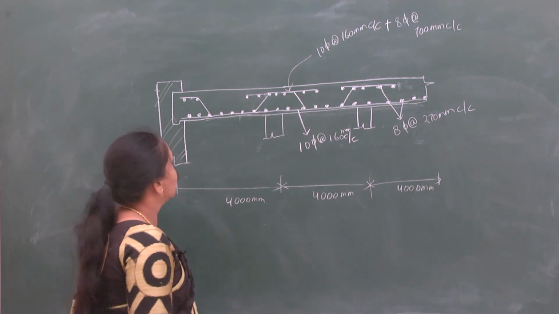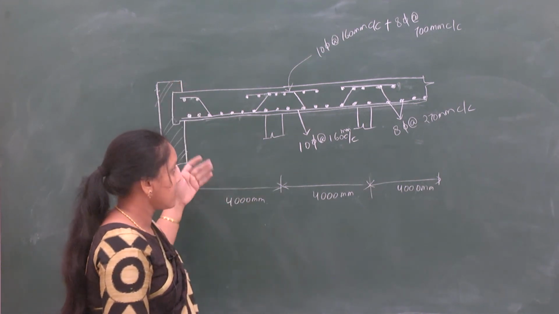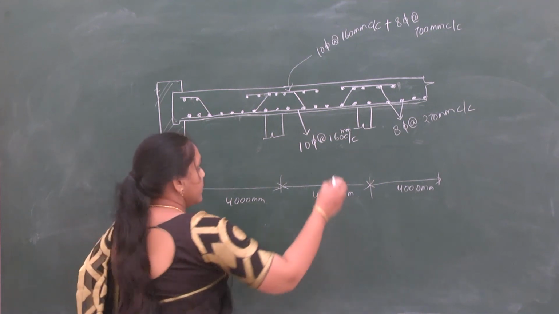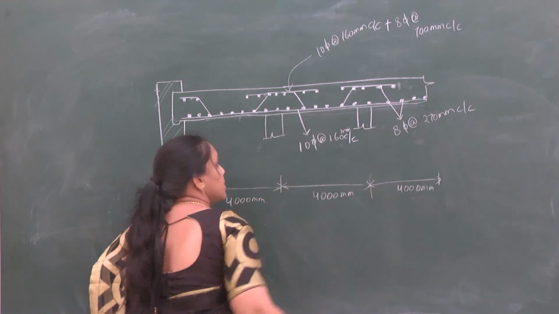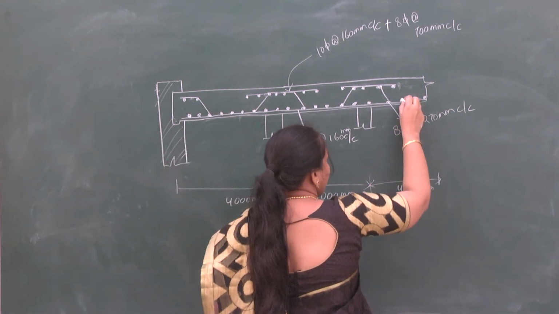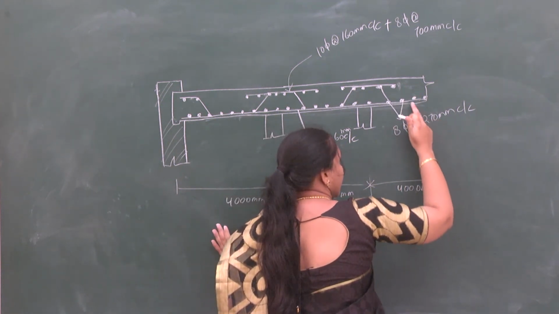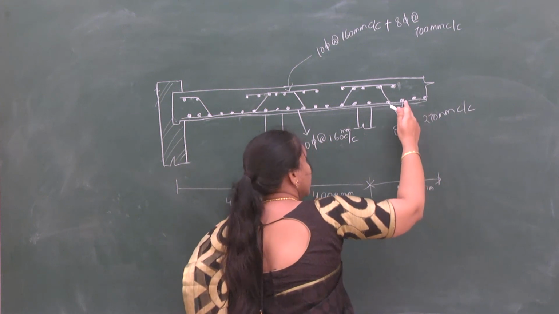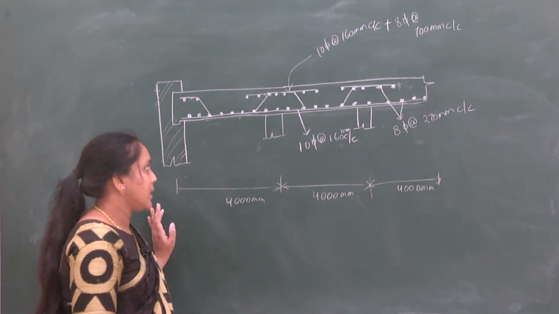On the back of this also we are going to have bars, and these are our distribution bars. The distribution bars are 8 mm in diameter, and the spacing between the distribution bars is 270 mm center to center.